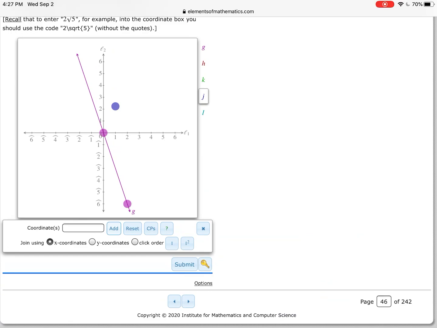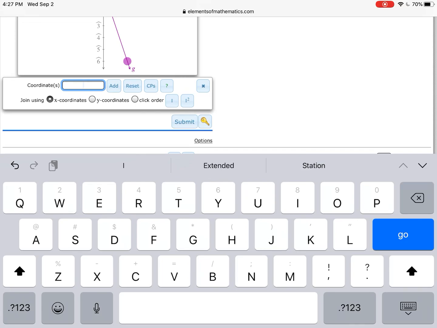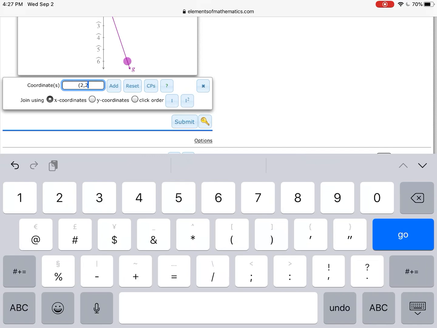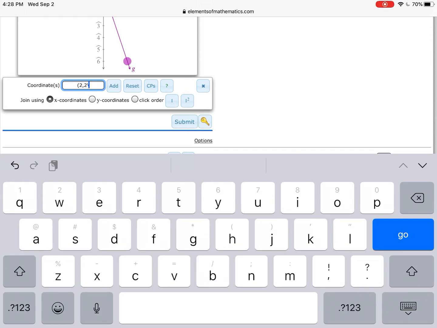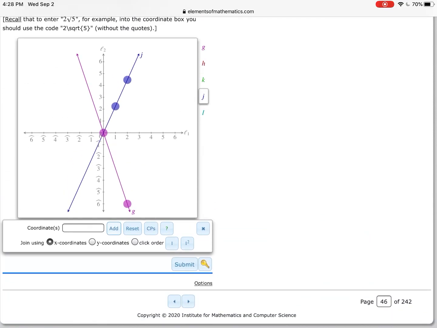So I know I can put another number in, say one that starts with a 2. If it's 2 times the square root of 5, I can put that in right now by putting in 2, and then that backslash SQRT, the square root of 5, complete it with the parenthesis, and add. And now I've got those points.